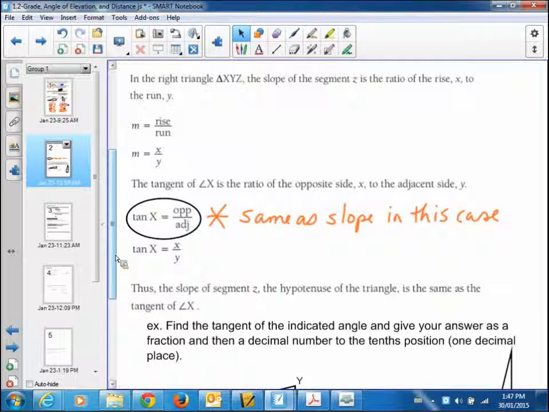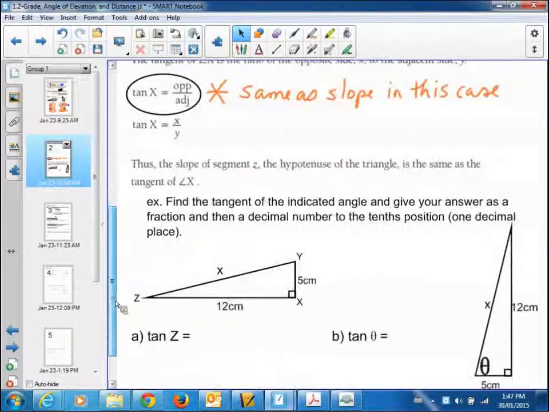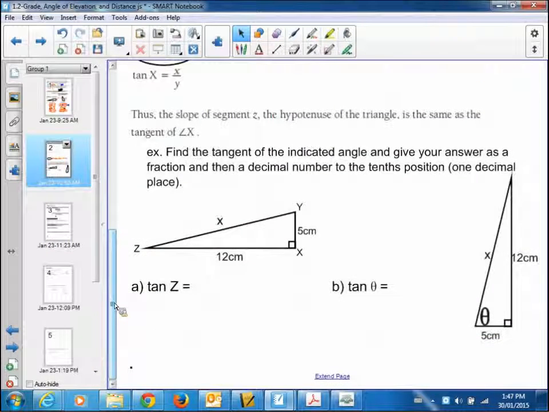Now, there's a lot in this section. Let's find this. Find the tangent of the indicated angle. Give your answer as a fraction, then a decimal to the 10th position, 1 decimal point. First of all, we won't worry about slope, it just happens to be. The tangent of this z angle is opposite over adjacent.